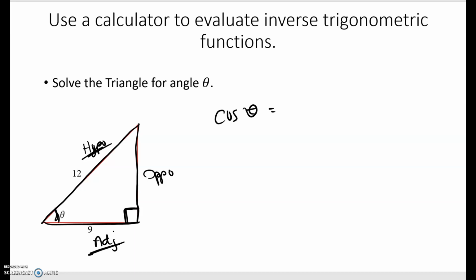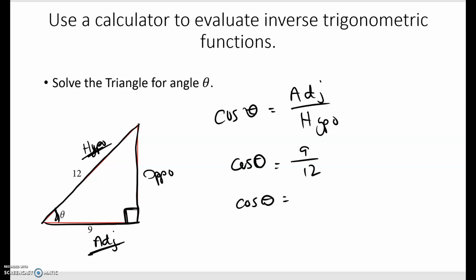So cosine of theta, which is adjacent over hypotenuse. And in this case, adjacent is 9, and hypotenuse is 12. And I'm going to reduce that. I will take a 3 out of both of them, so you don't have to. It'd be 3/4. But I'm not looking for cosine of theta. I just want the angle theta. So I'm going to move cosine over. So this will be the inverse cosine of 3 over 4.